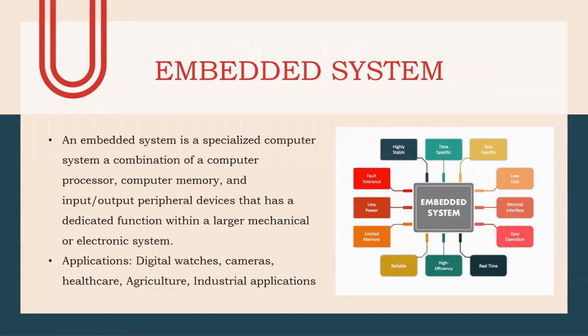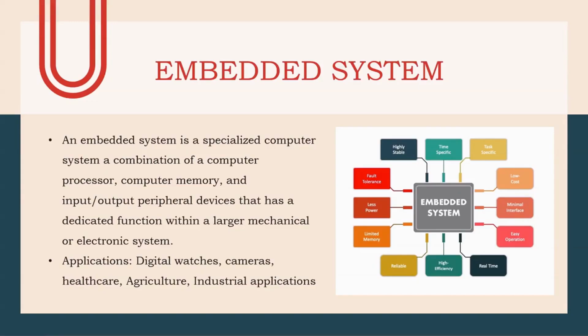And coming to this slide, embedded system. What is an embedded system? An embedded system is a small computer system designed to do a specific task. It has many features: highly stable, time specific, low cost, minimal interface, limited memory, less power, fault tolerance, high efficiency, real time operations, and reliable.